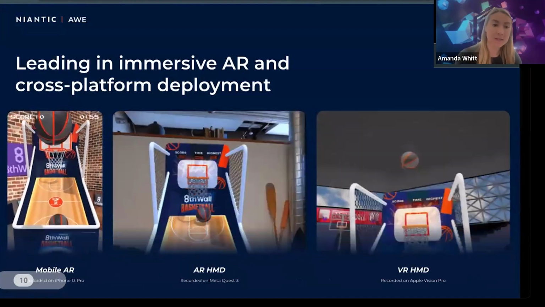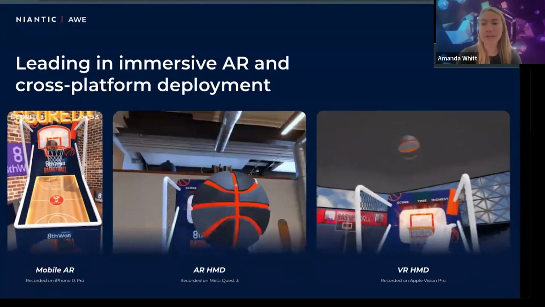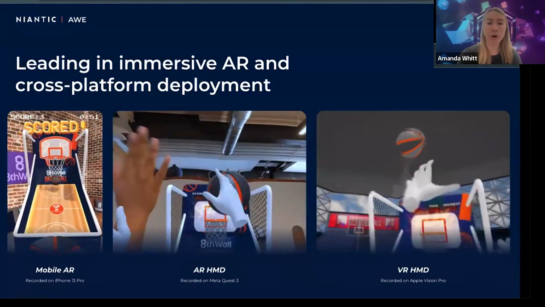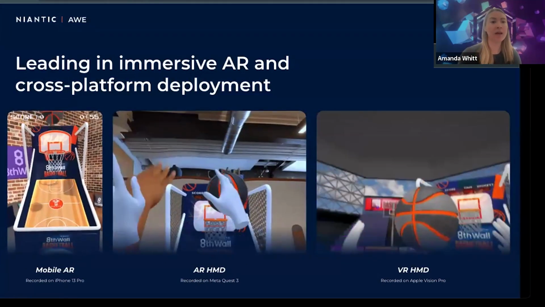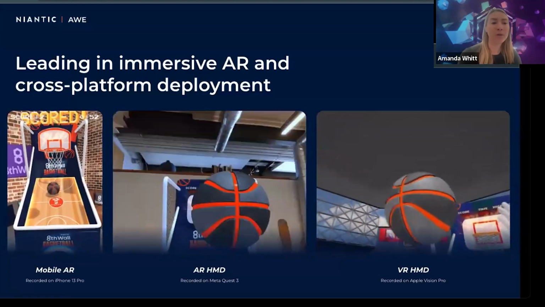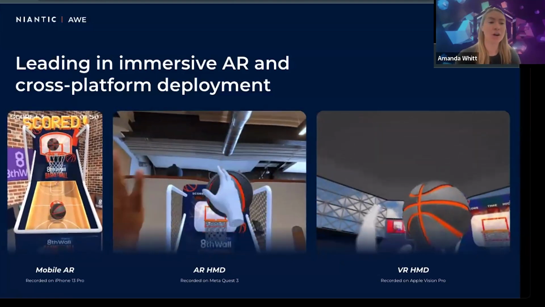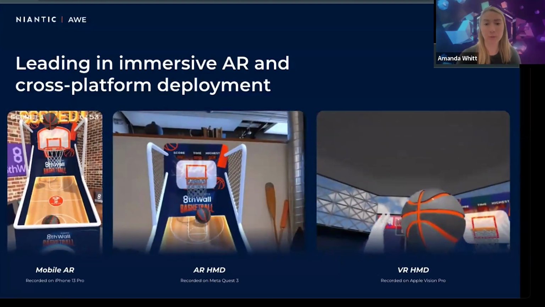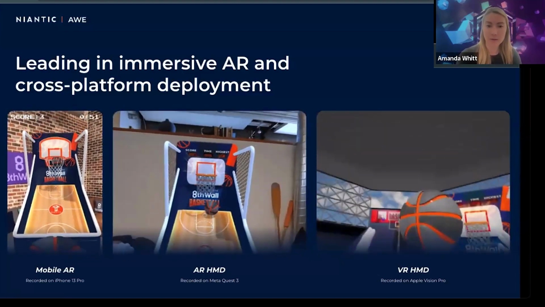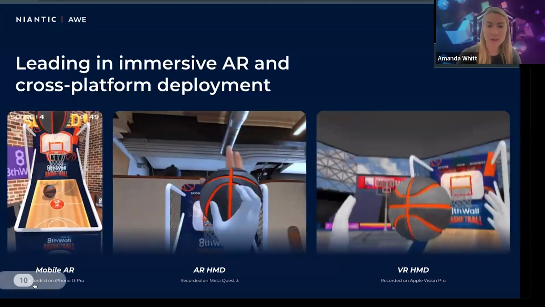That includes headsets like HoloLens, MetaQuest, and more recently, Apple Vision Pro. So across mobile devices, desktop, headsets, basically any device with a browser, users can access your content. So you build once and your content can truly be universally deployed.